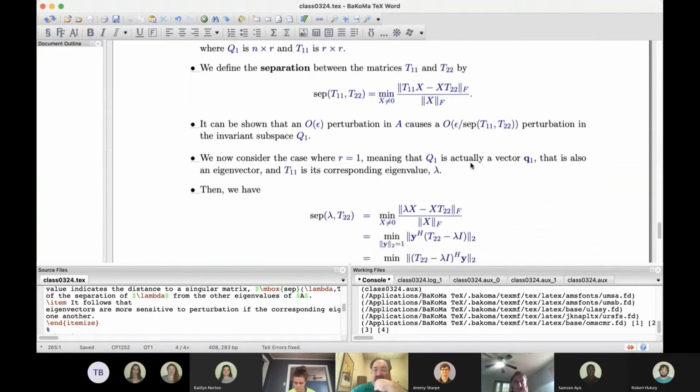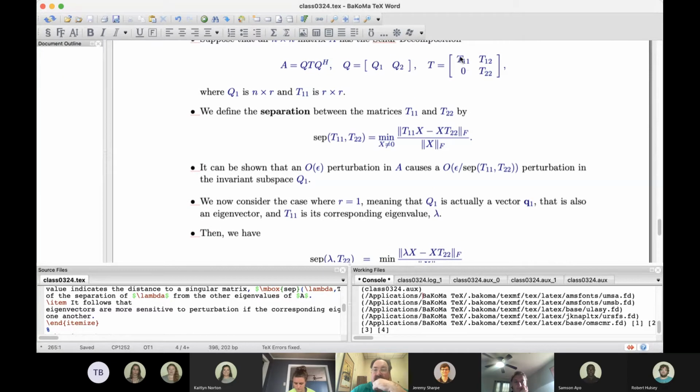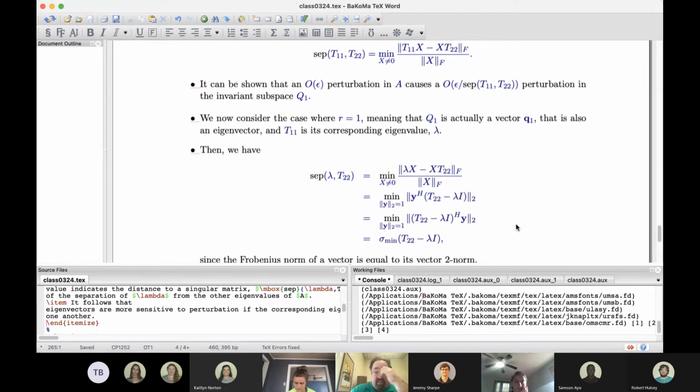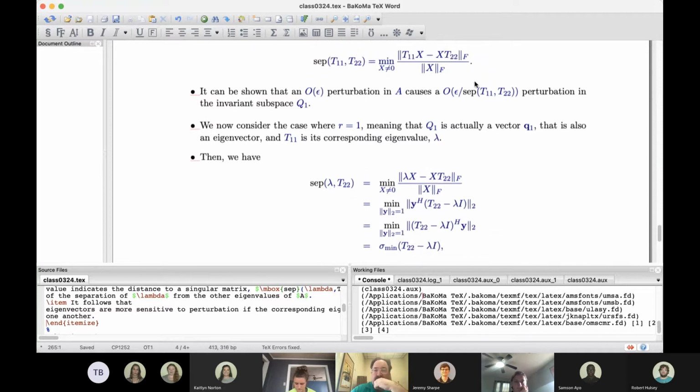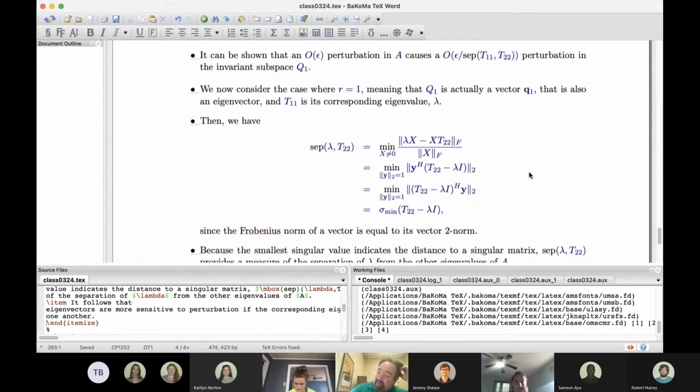So what happens in this case is, how separated is the eigenvalue from this matrix T22? And in that case, the formula for separation can be simplified. It turns out to be the smallest singular value of T22 minus lambda identity.